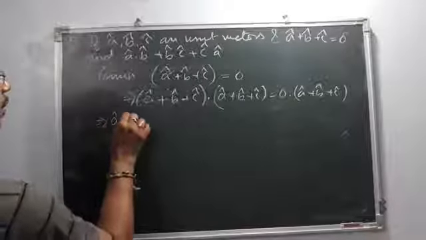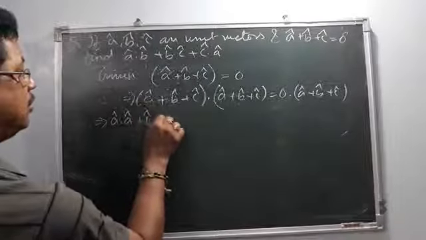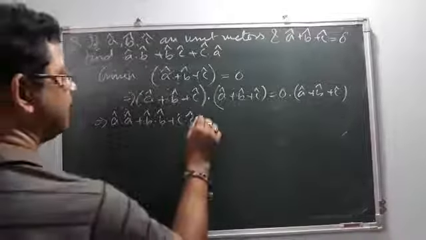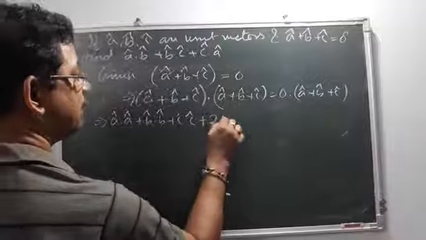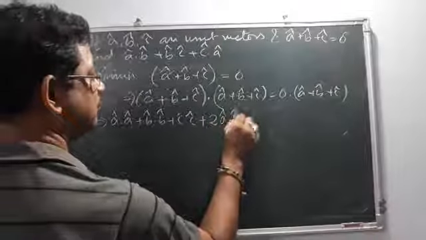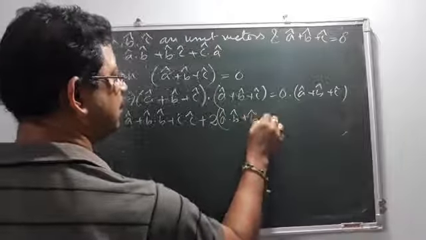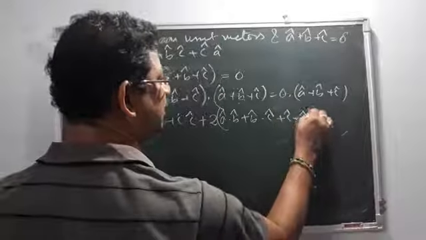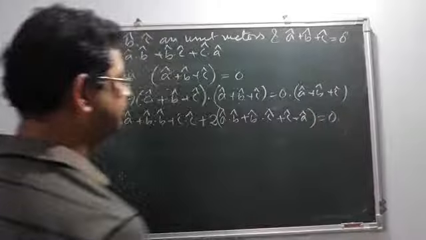A dot A, B dot B, C dot C, plus twice (A dot B, B dot C, C dot A), and this is equal to 0.